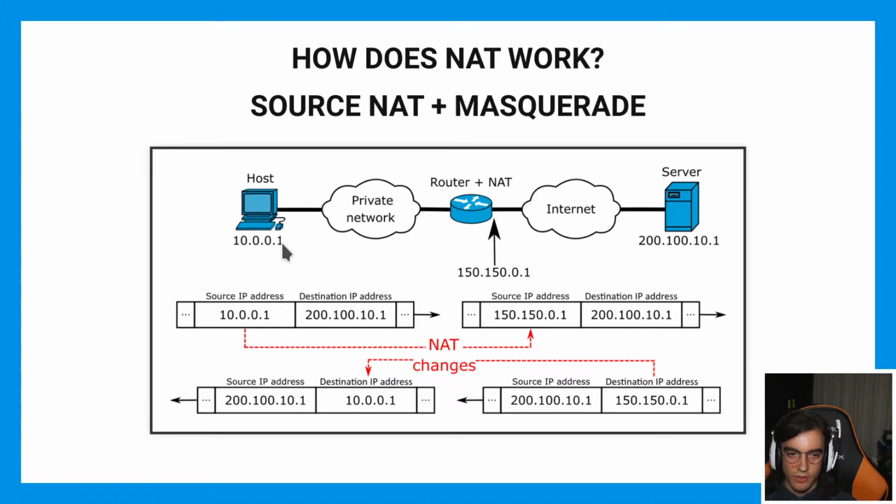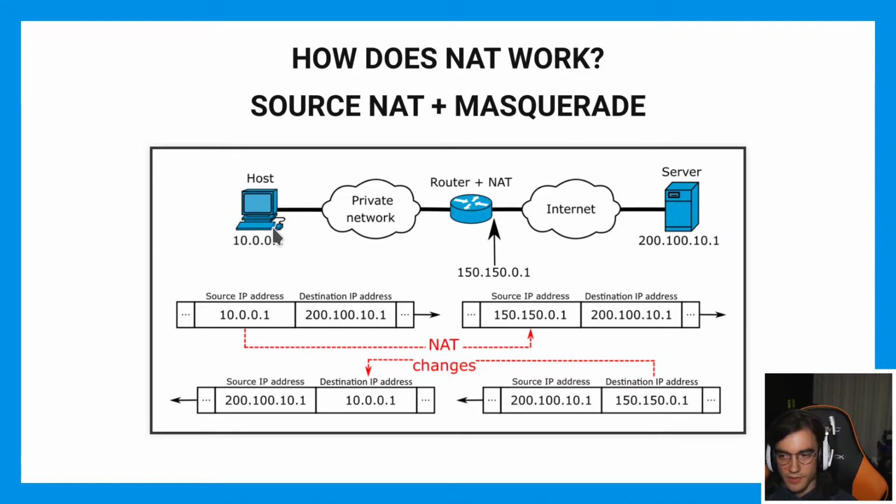But as we know, there are millions of 10.0.0.1s or whatever on the internet. They're not public addresses, so we can't do that. So what the router does is it replaces the 10.0.0.1 with its own IP address, and then the server responds back to the router, and the router then sends the traffic back to the host.